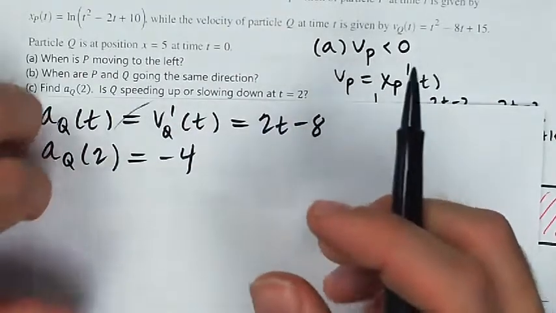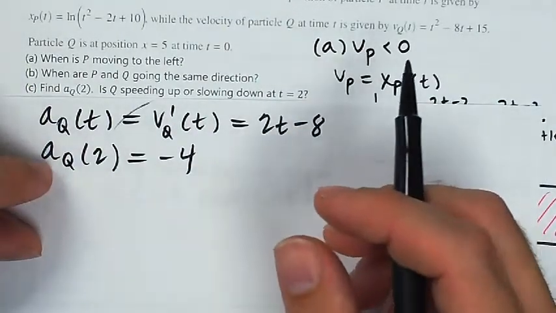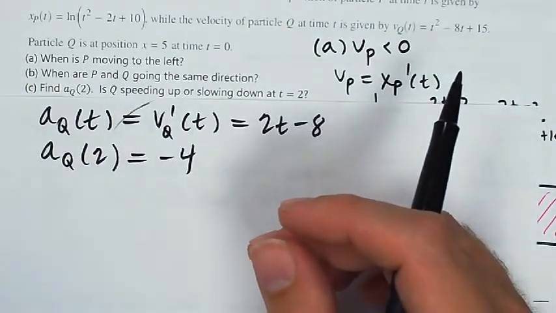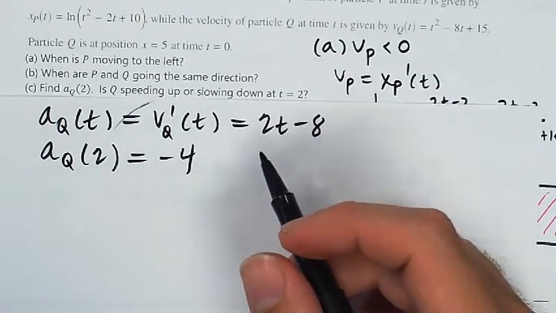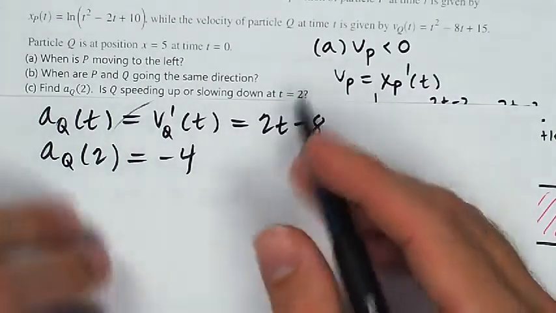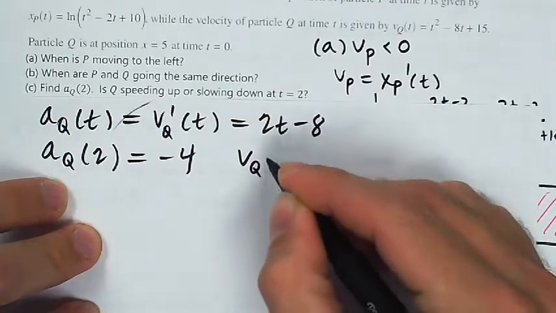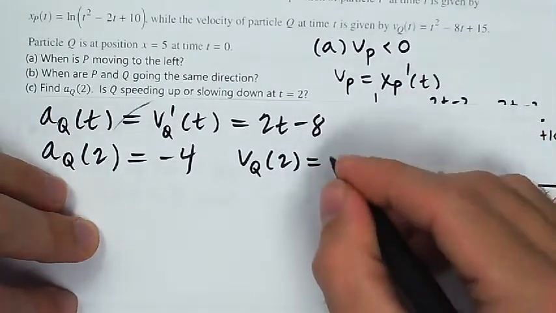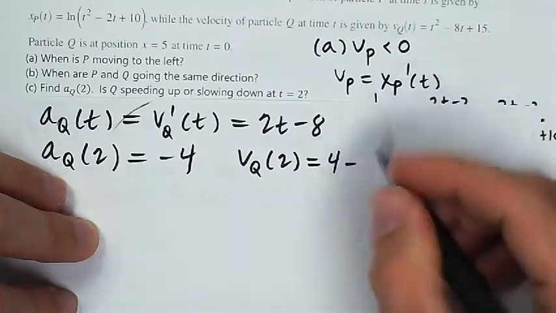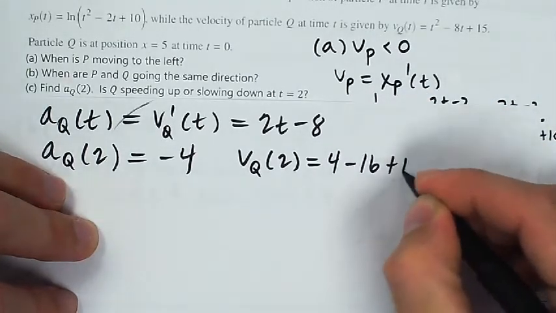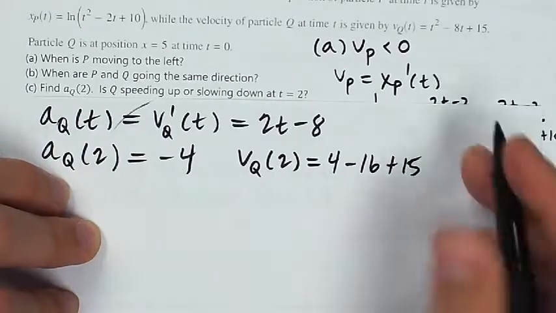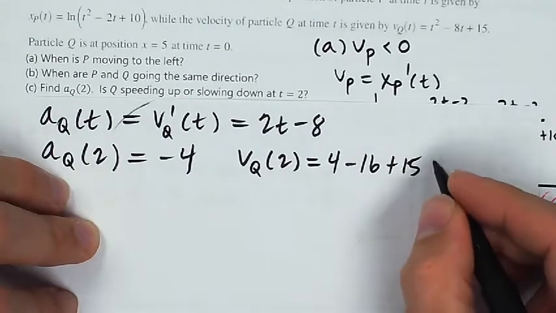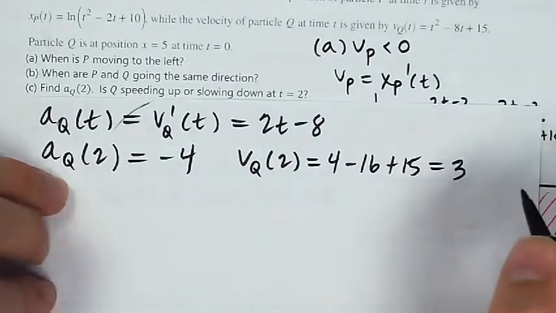If I want to determine if an object is speeding up or slowing down, I need to also consider the sign of the velocity at the same time. So I need to say velocity Q at time 2 is going to be 4 minus 8 times 2 is 16 plus 15. So I've got 19 minus 16 is 3.